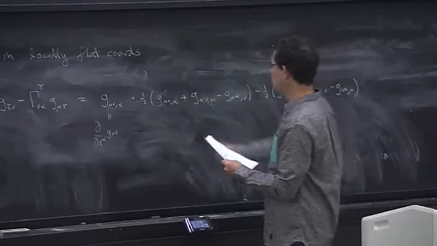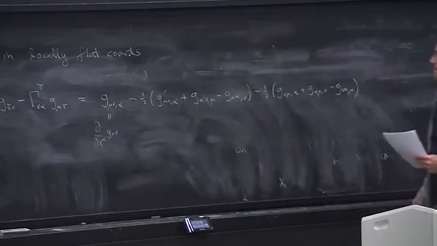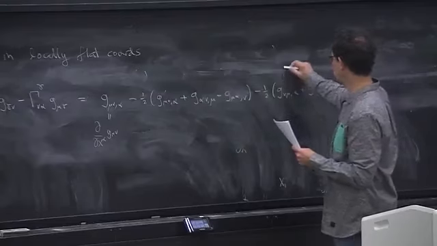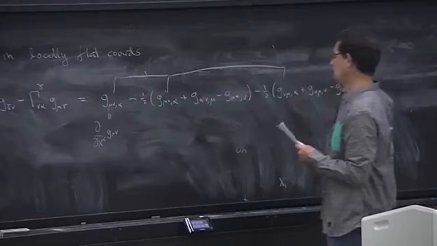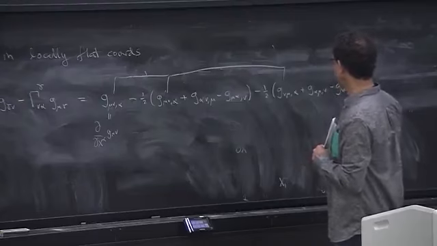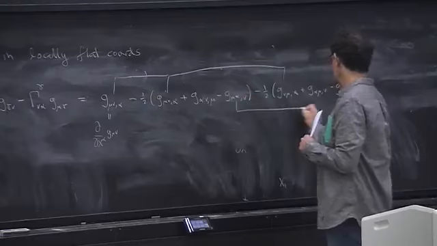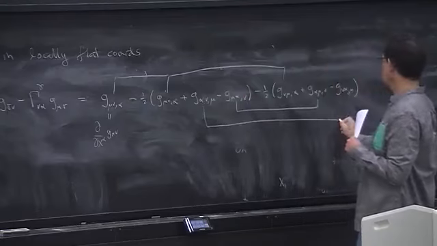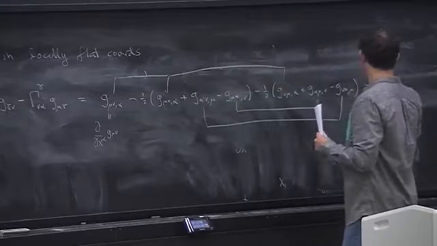I should have had a minus sign here. And so what you see is that these first two terms cancel this guy, and this one cancels this, and this one cancels this. So the sum is 0.